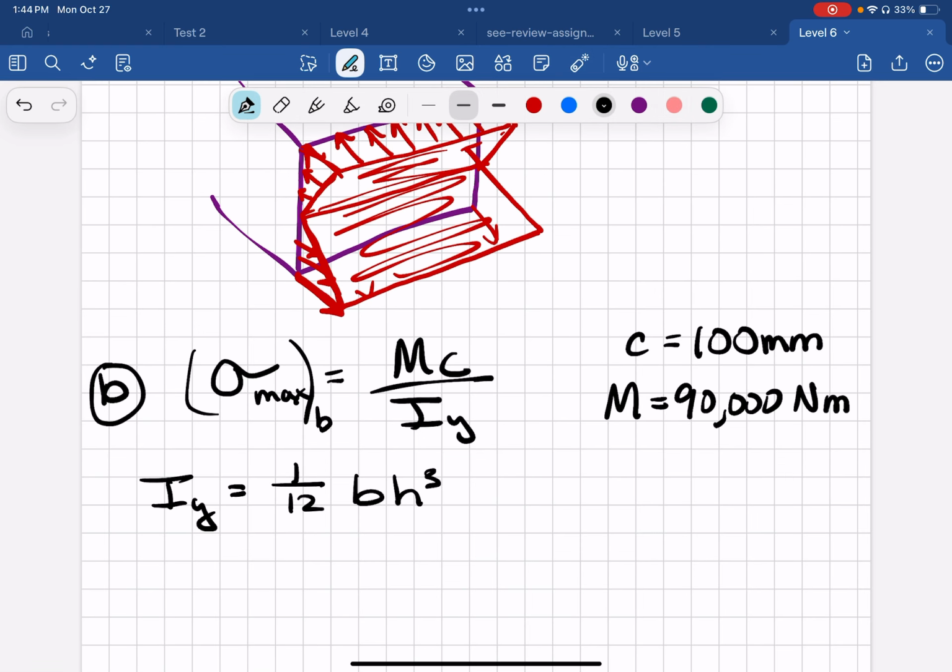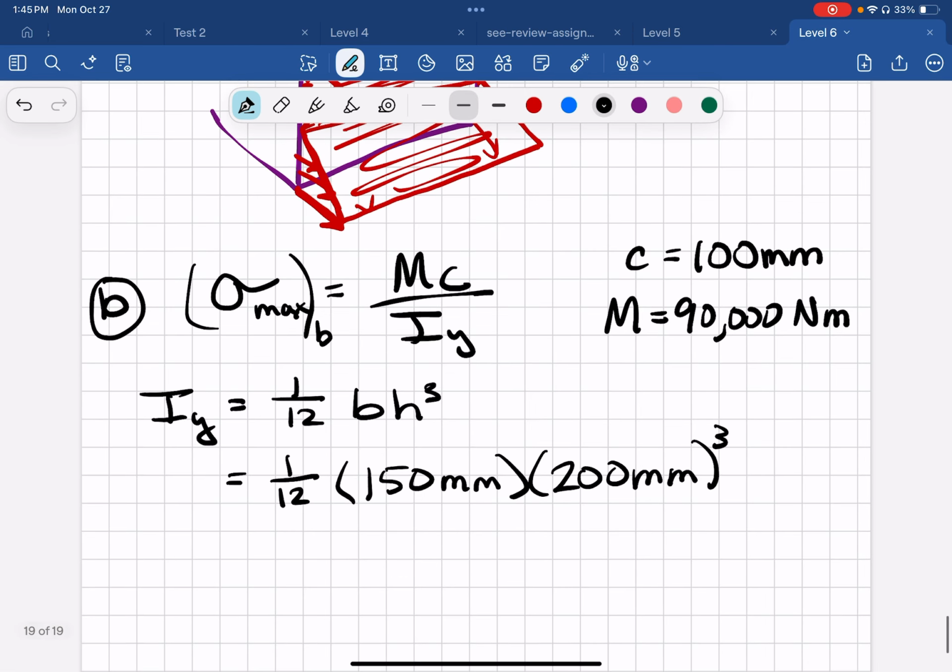So that gives us 1/12 times the base, 150 millimeters, and then the height, that 200 millimeters cubed.